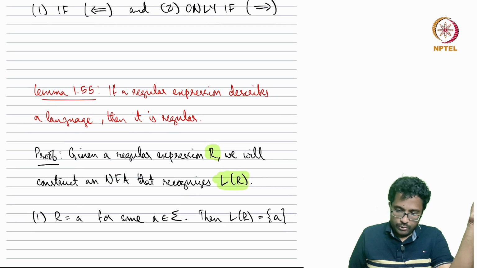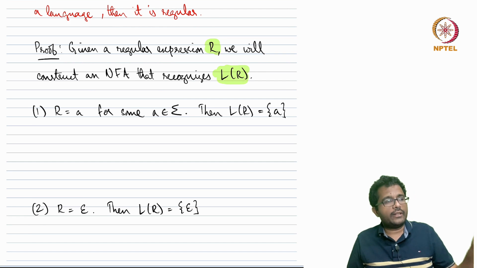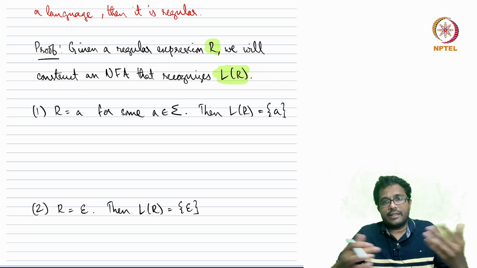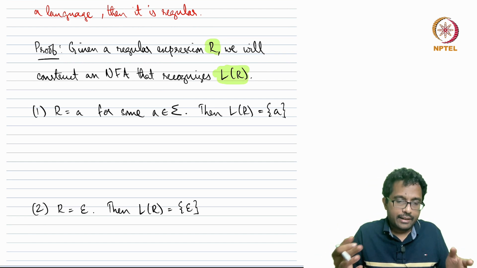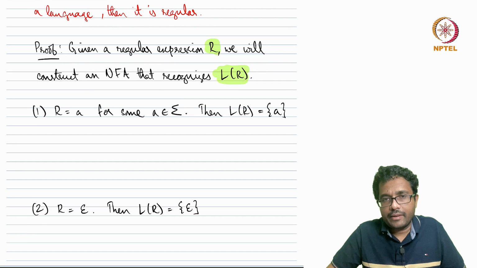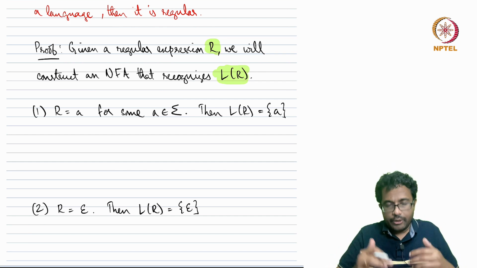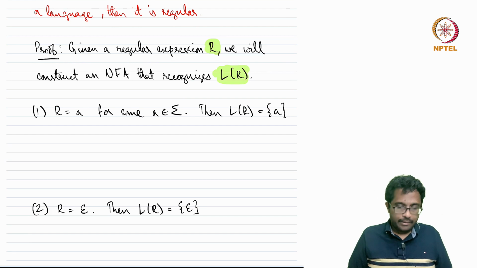What we do here is describe a procedure to construct an NFA. We will not give the NFA itself, because that depends on the expression. Depending on what the regular expression contains, we will show how to build the corresponding NFA.